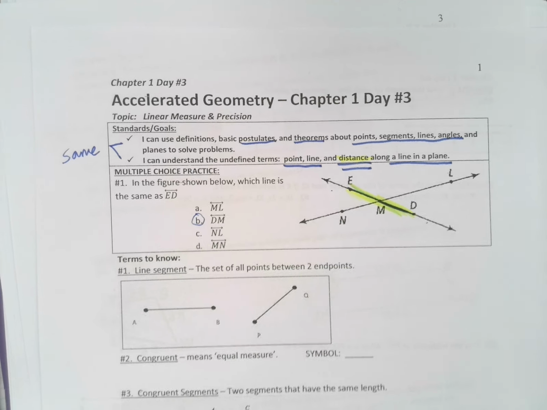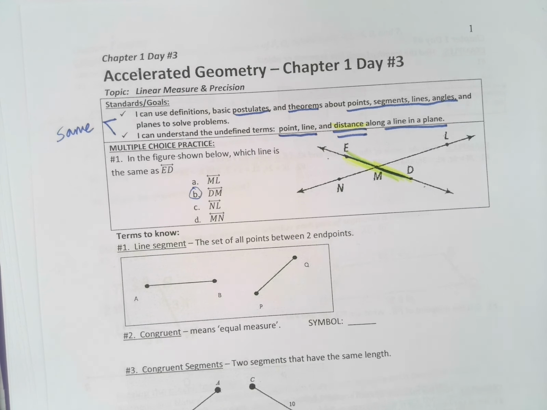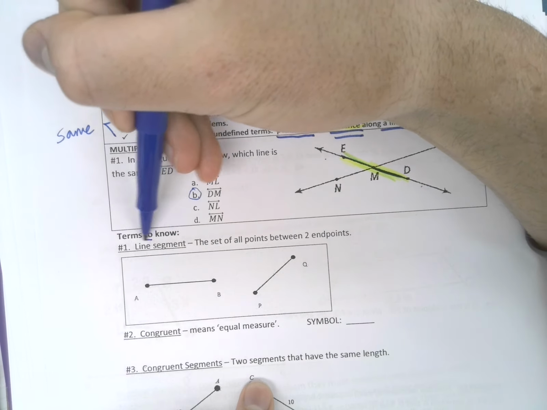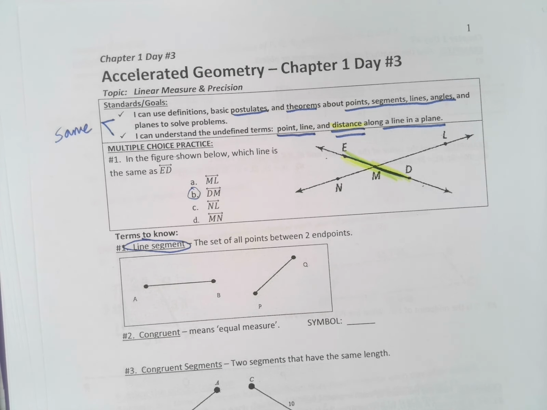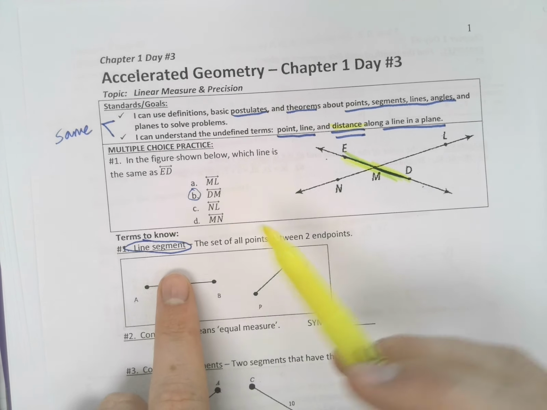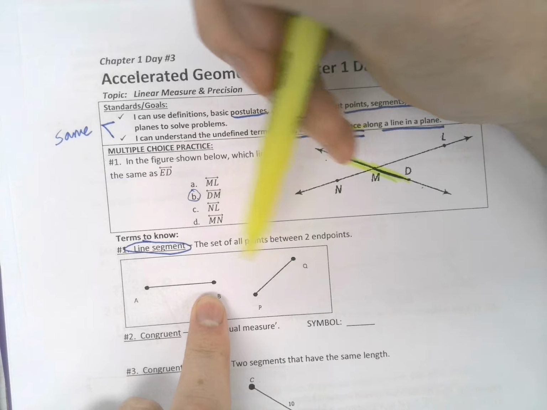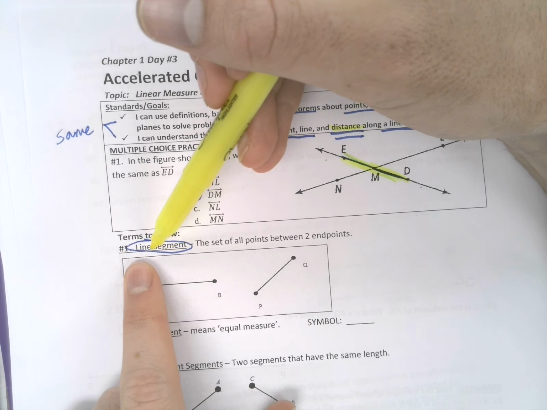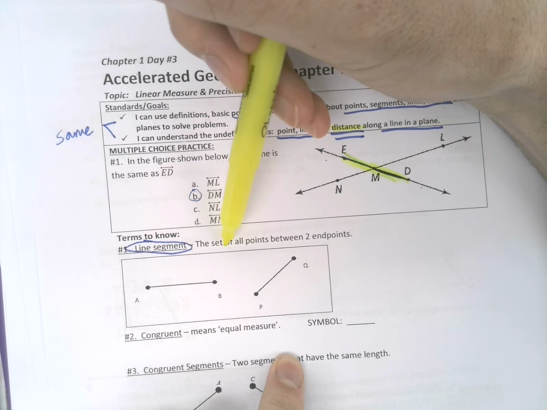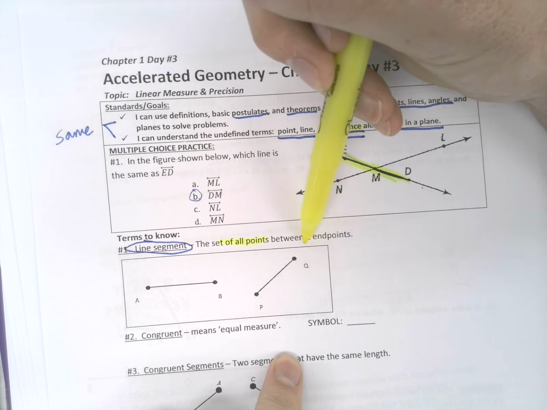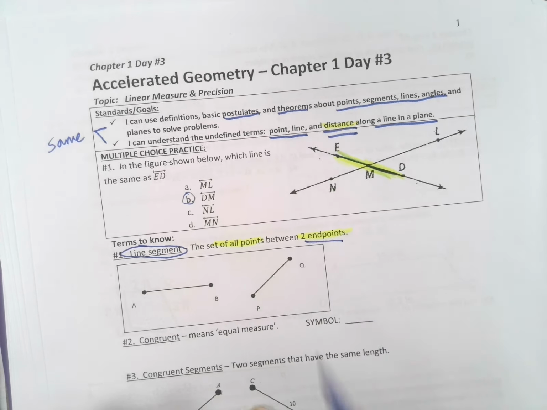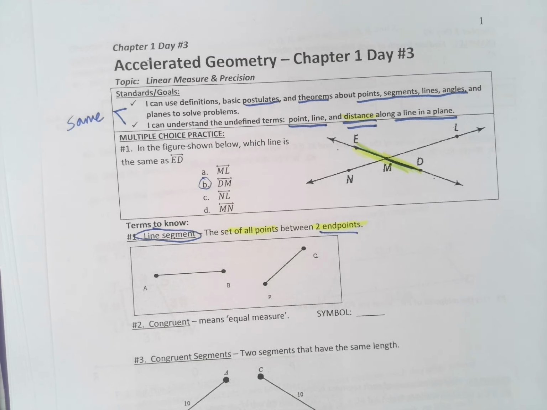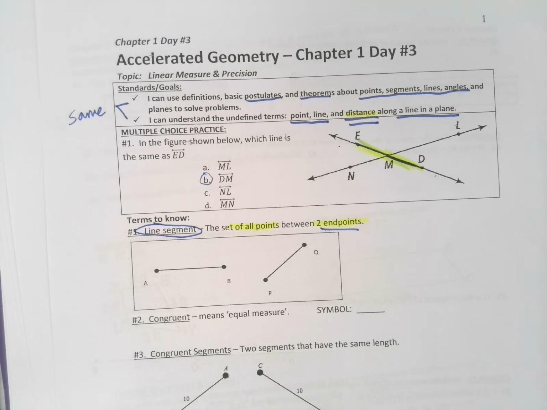Now, moving away from lines, let's talk about something that's a little bit shorter. Line segments. Man, telling you what, these circles, I should have gone to summer school to work on my art skills, but line segments. Now, these are kind of like lines, the words in it itself, but they're only segments. They're just the set of the points between 2 endpoints. So line segments have a beginning and an end. They're not infinite.